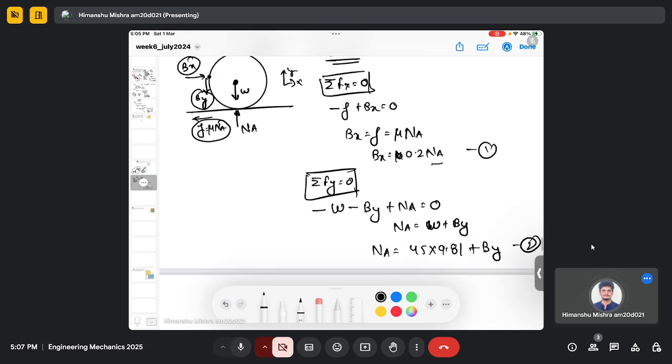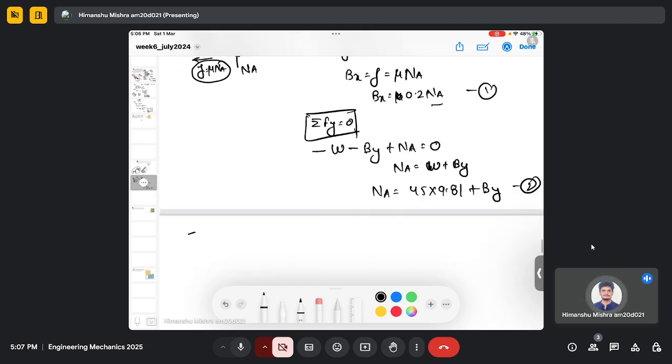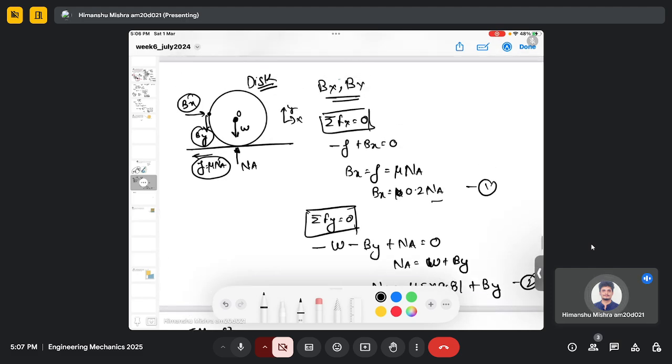Let's say this is O. If I do the moment balance at O and equate it to 0, the moment will come due to By, which has this perpendicular distance, and the friction force, which has this perpendicular distance. In both cases, it's the radius of the disk.